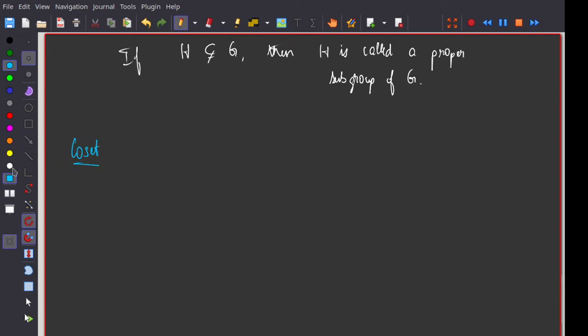Let us now look at a term that we've seen earlier, the coset. So what is a coset?